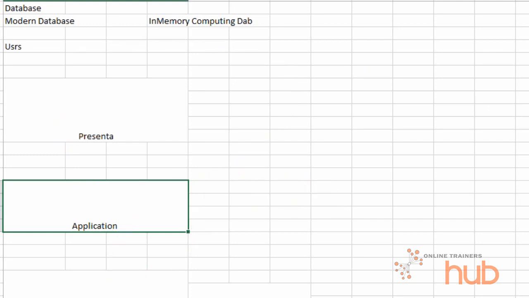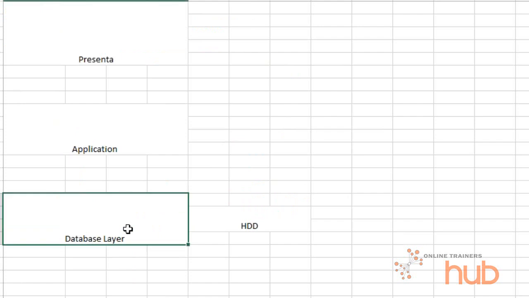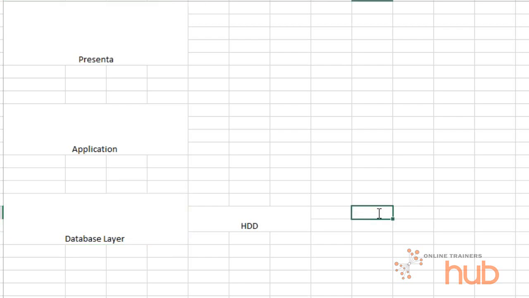Okay, now let me start telling you the problems with this architecture. When you talk about the database, its size can be 500 gigabytes to 1 terabyte of data.